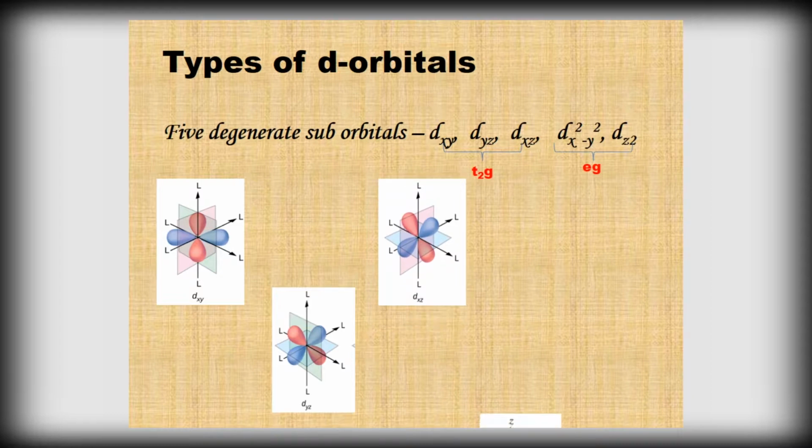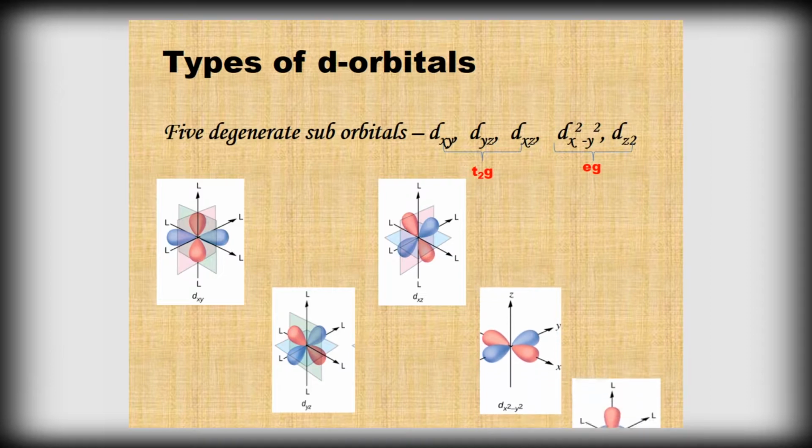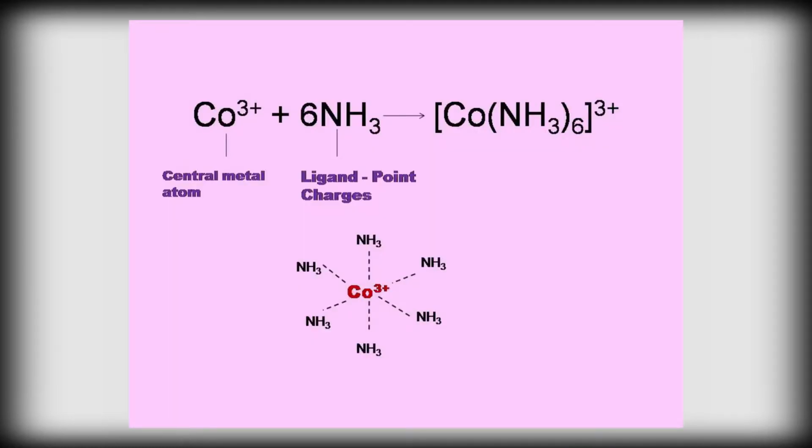When the lobes are in between the axes, we say it is the T2g level. For the remaining dx square minus y square and dz square, the lobes are along the axes, we say it is the Eg level.